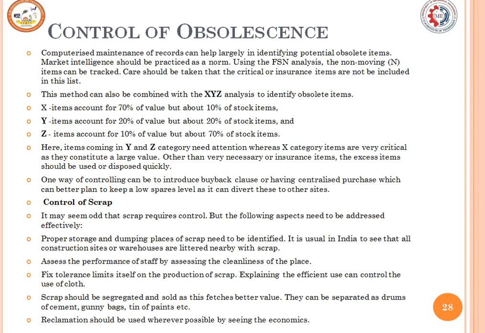So how to control obsolescence? XYZ analysis can be done to identify obsolete items. X items account for 70% of the value, but only about 10% of stock items. Y items account for 20% of value, and only 20% of stock items.